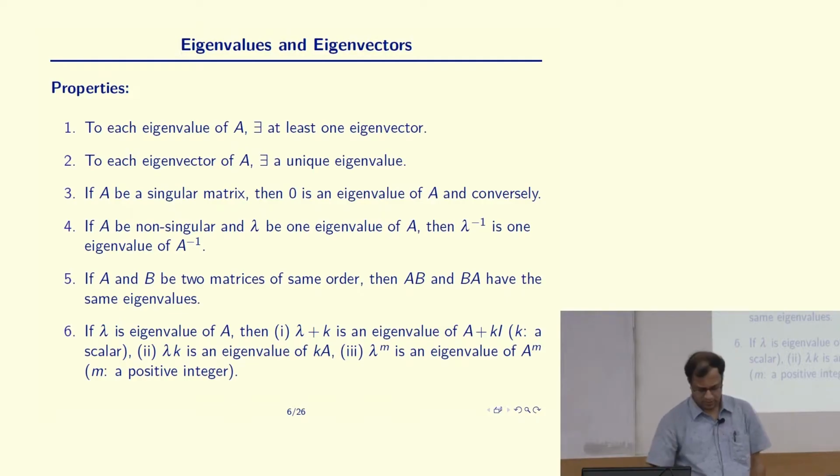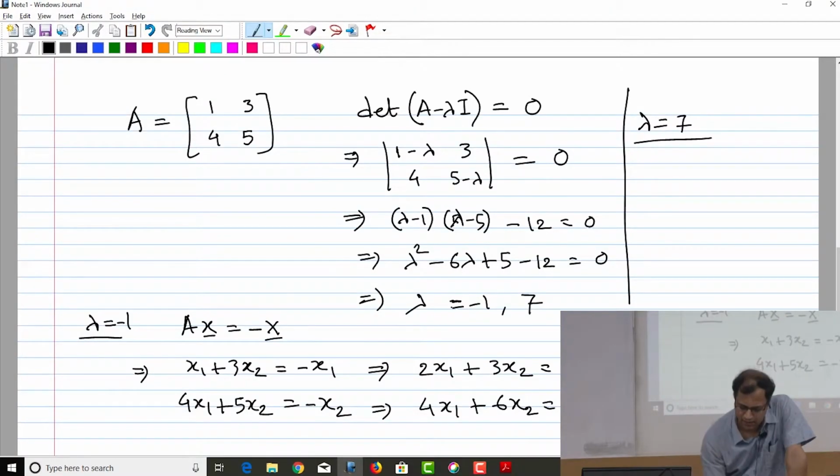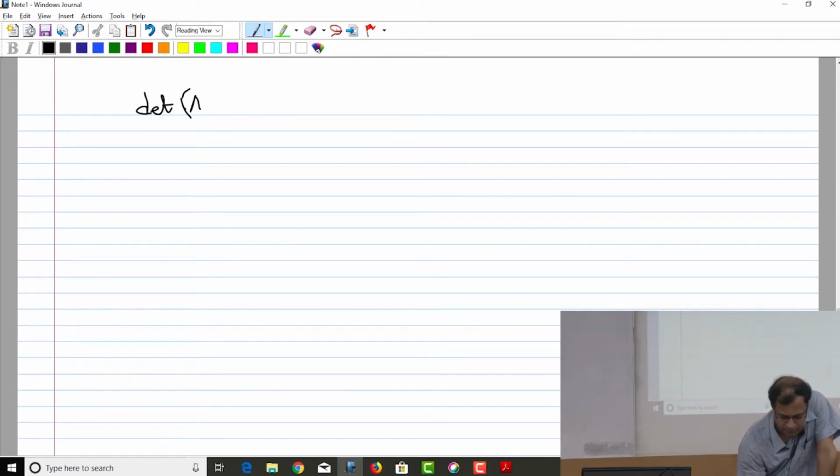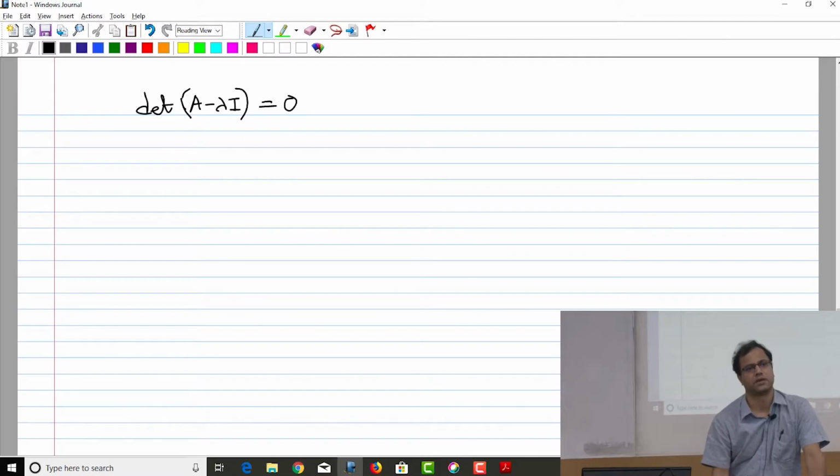How to prove that? Suppose lambda is an eigenvalue. Then it will satisfy the characteristic equation, so we have the determinant of A minus lambda I equal to 0, right?